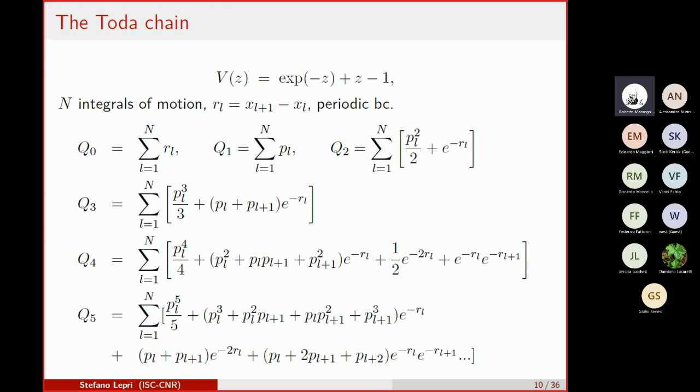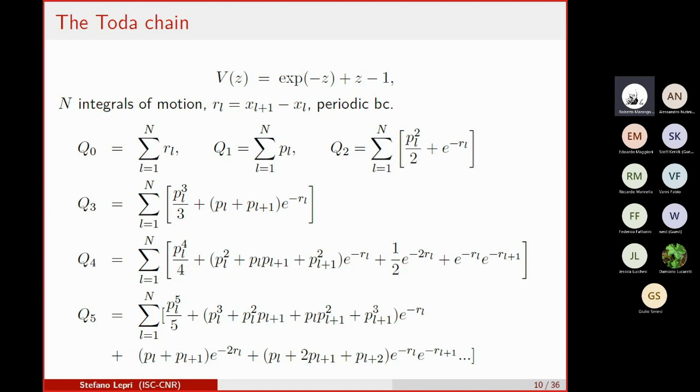And the extreme of this regular dynamics is constituted by an integrable system. An integrable system is a system that has n degrees of freedom and n independent constants of motion. So in this case, the dynamics is absolutely regular, because once you fix the initial conditions, this quantity will remain constant forever. There will be no mixing, no thermalization, anything.